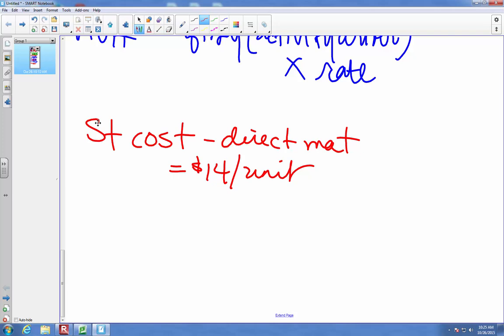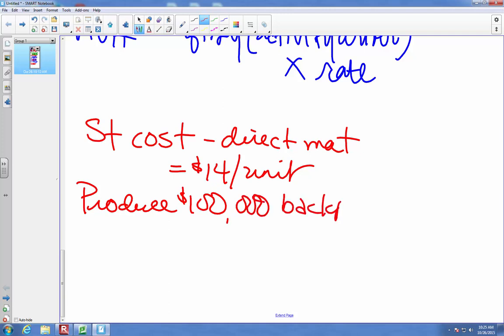And we produce 100,000 backpacks at a cost of $152,000.